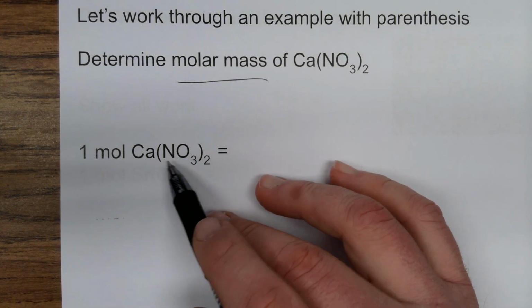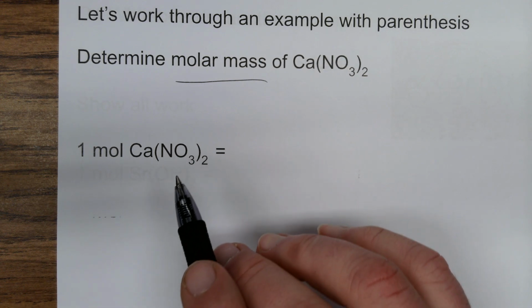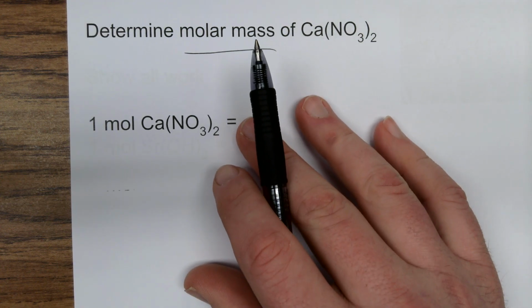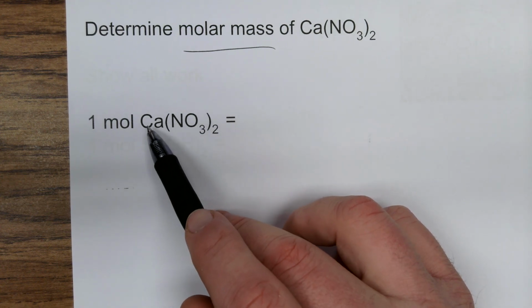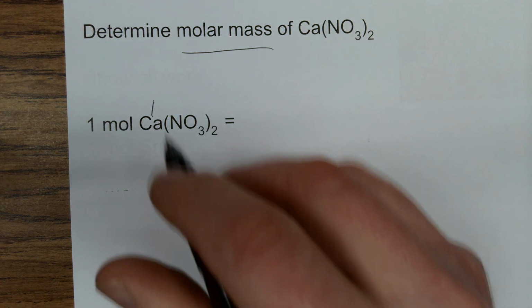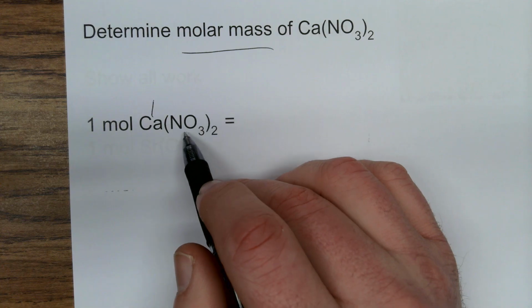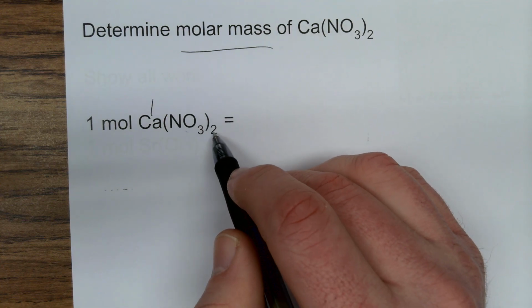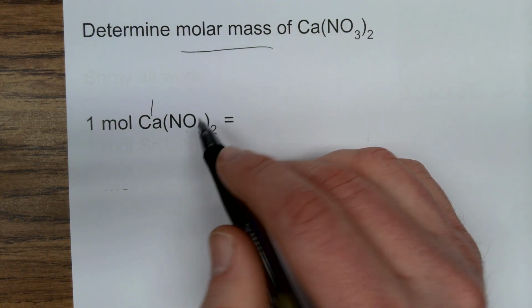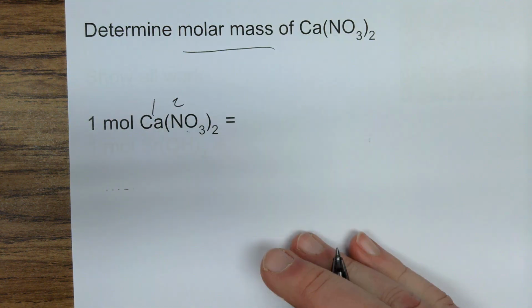How many calcium atoms do I have in this formula? 1. How many nitrogens do I have? 2. Good catch. Because of my parentheses, everything in here is times 2. 2 times 1 is 2.